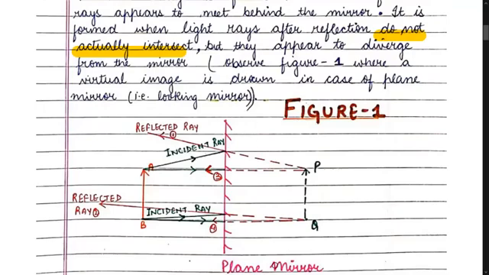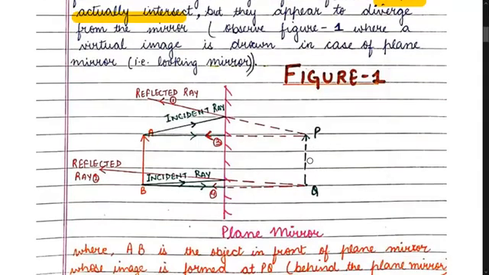Now students, observe figure number 1 on page number 1 of the notes provided to you on 17th November 2020. So observe the figure number 1 where a virtual image is drawn in case of a plane mirror, that is a looking mirror.